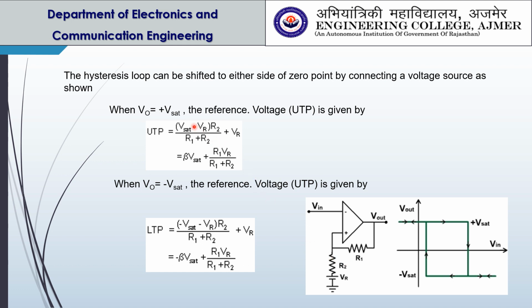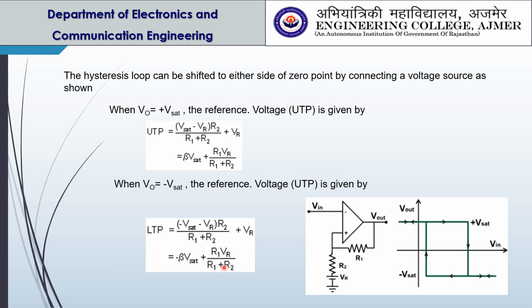When we solve this, we get the upper trigger point as beta V sat plus VR R1 upon R1 plus R2. Similarly, when the output voltage is minus V sat, the lower trigger point LTP can be written as minus V sat minus VR into R2 upon R1 plus R2 plus VR, and it comes out as minus beta V sat plus VR R1 upon R1 plus R2.